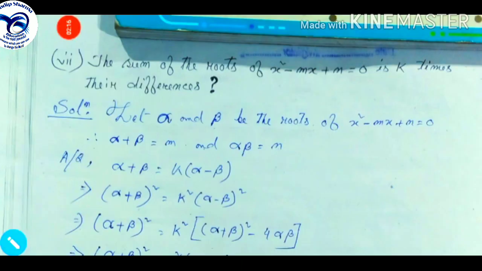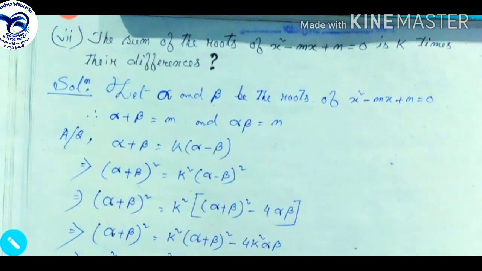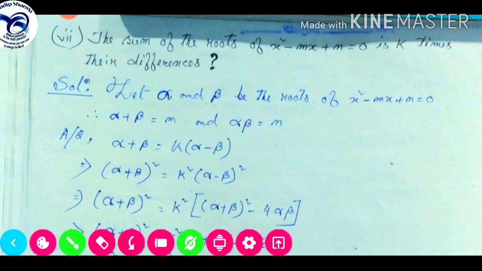Now 5, last number 7. The sum of the roots of x square minus mx plus n is equal to 0 is k times their difference. So for the sum of the roots, if we are considering alpha and beta as the roots of this given equation, the sum of the roots alpha plus beta will be minus b.